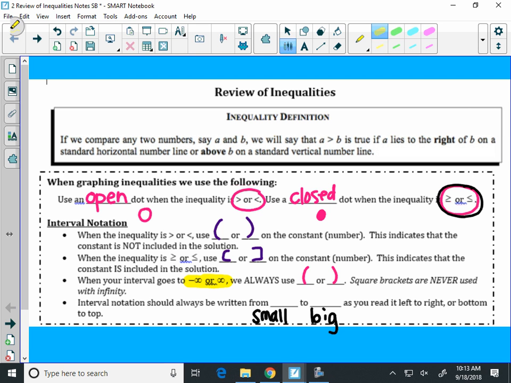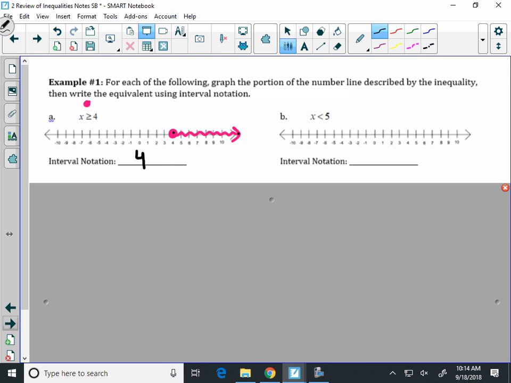And down below, we said that those symbols use square brackets. So you're going to put a square bracket around that 4. Then your interval is going to infinity on the right. As you move to the right, you go to infinity. So you do comma infinity, and you always put a parenthesis with infinity.